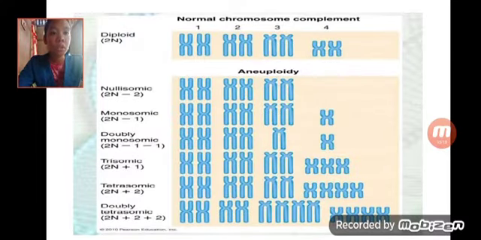So the normal chromosome complement: as said earlier, diploid is the normal chromosome set, which is 2n.